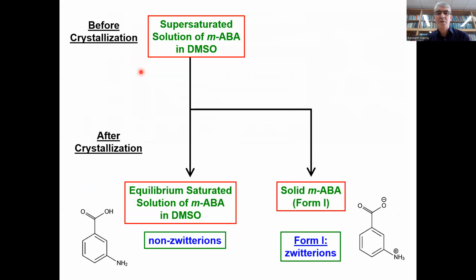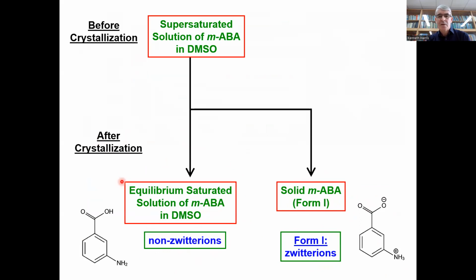Okay, so to summarize our conclusions, on doing that, we have the following. After crystallization, we know that we produce form 1, a zwitterionic form of meta-amino benzoic acid. We also know from the equilibrium saturated solution that this comprises non-zwitterions of MABA and DMSO.